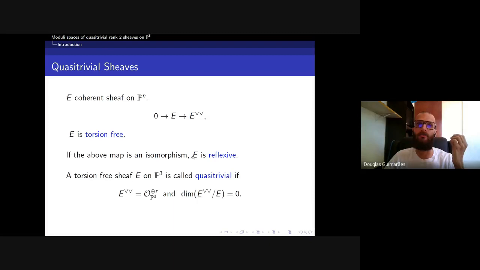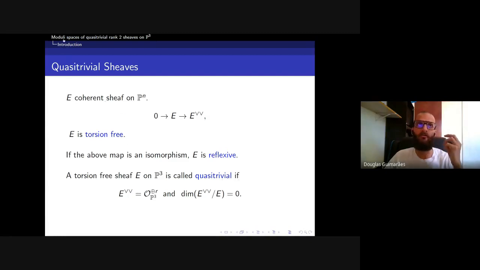By quasi-trivial, I mean a torsion-free sheaf whose double dual is just the trivial bundle, where r is the rank of E. Since E is a subsheaf of this double dual, we can take the quotient, and we ask this quotient to have dimension 0. This is what I mean by quasi-trivial, and this nomenclature was borrowed from Artamkin, where he studies these sheaves.